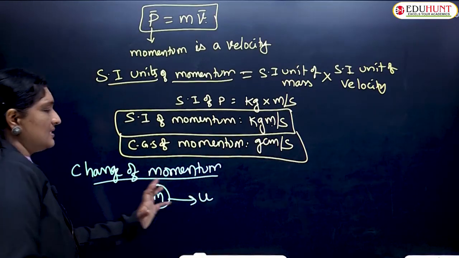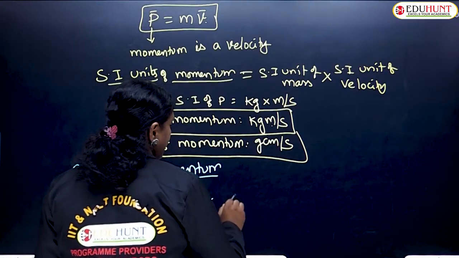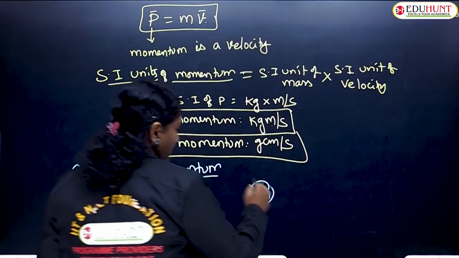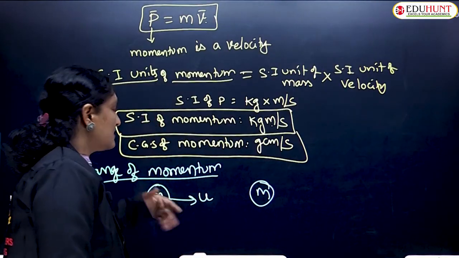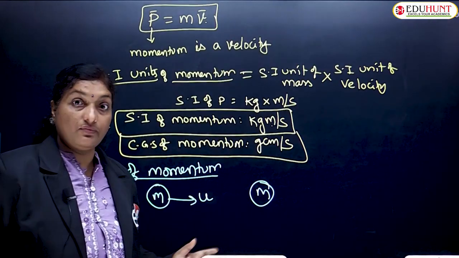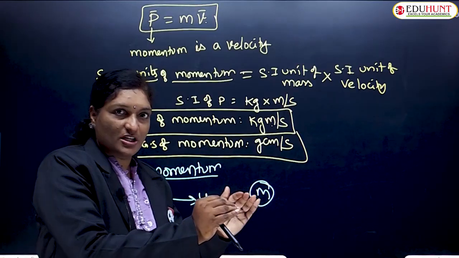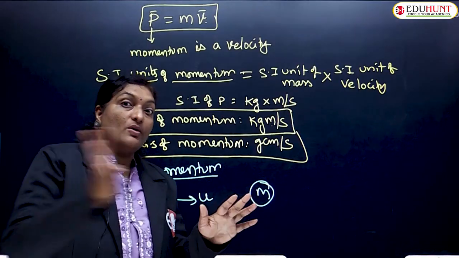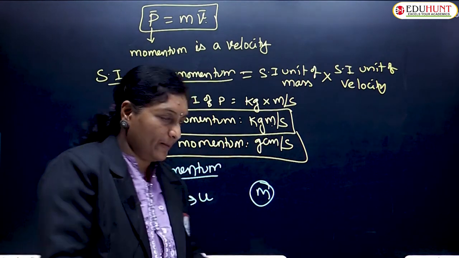Whenever a force is applied on it in the direction of its movement, its velocity after a certain time may increase because force is being applied. So initially it moves with some initial velocity u. As the force is applied in the same direction of motion, its velocity may change to some v.